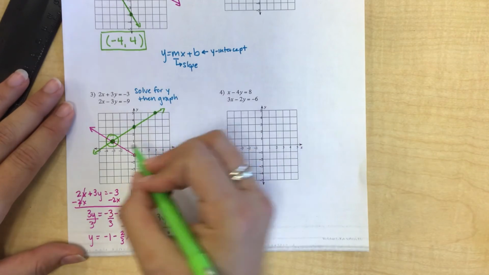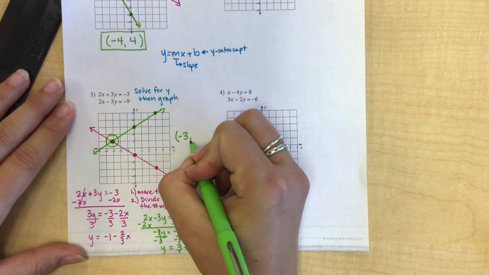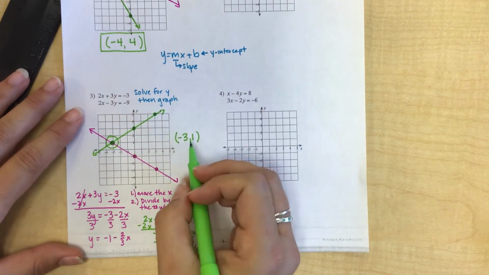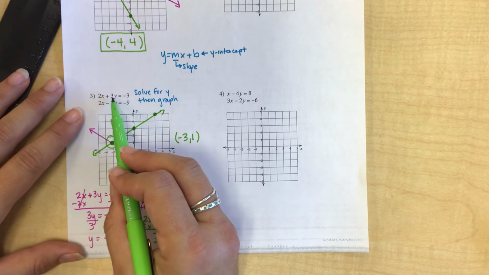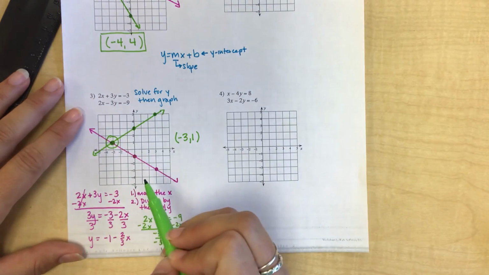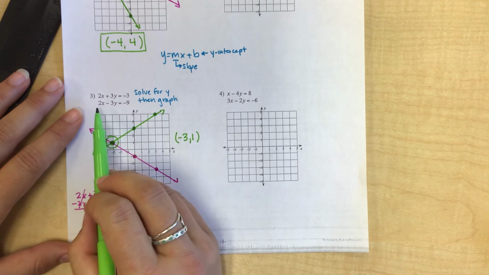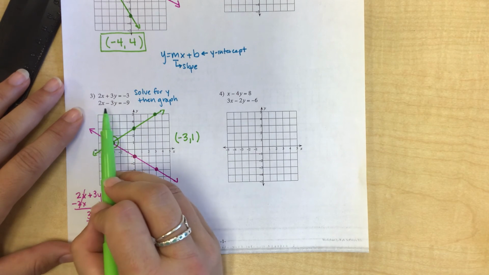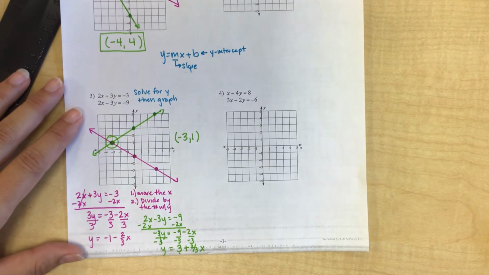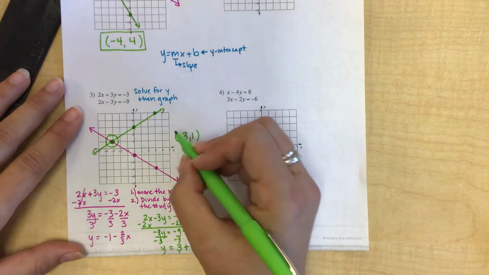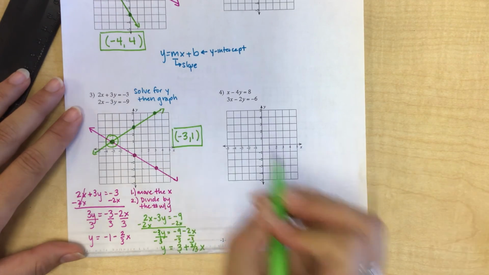So we would have a solution at -3, 1. Again, that means -3 would go in for x, +1 would go in for y, and this first equation would equal -3. And for the second equation, I put -3 in for x and +1 in for y, and my solution would still be -9. Okay, so this is my solution here.